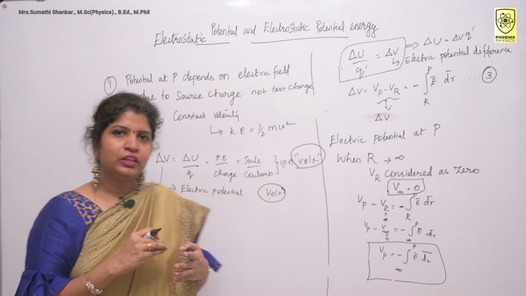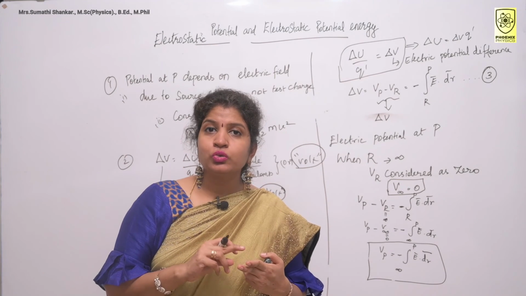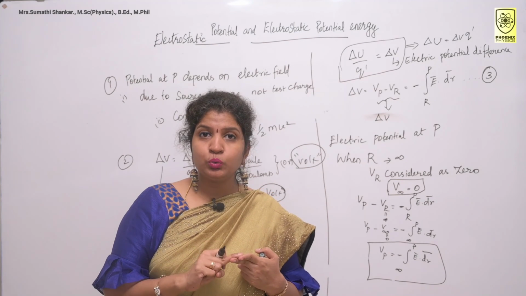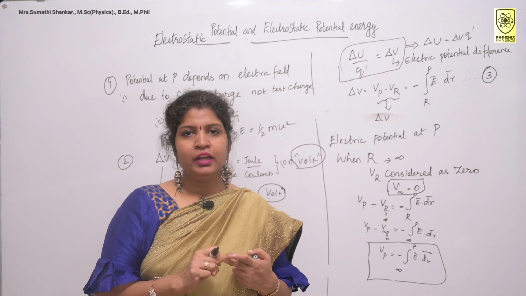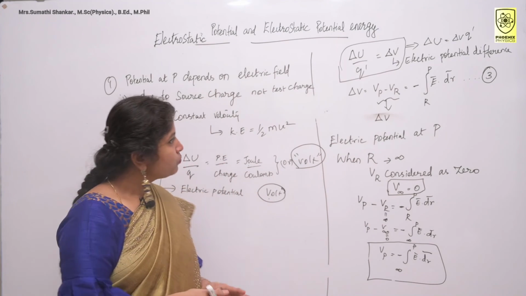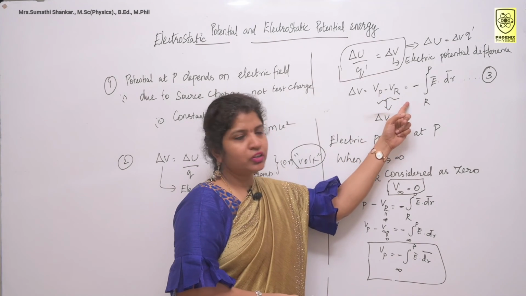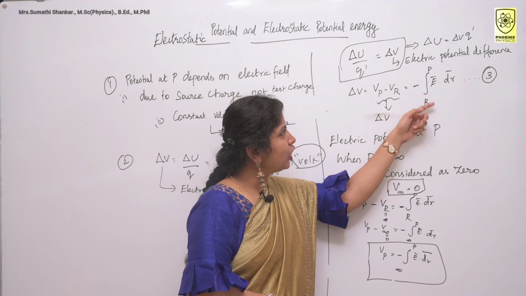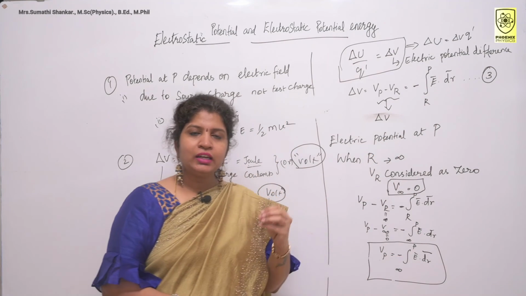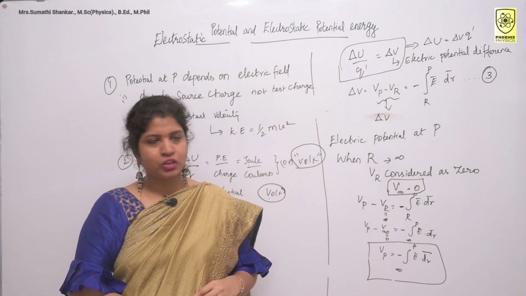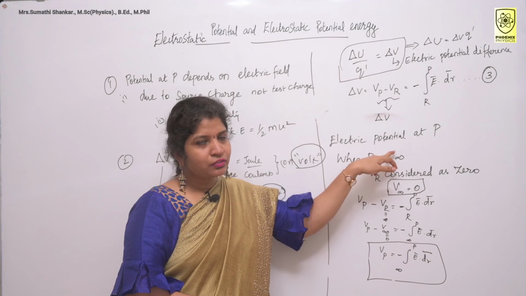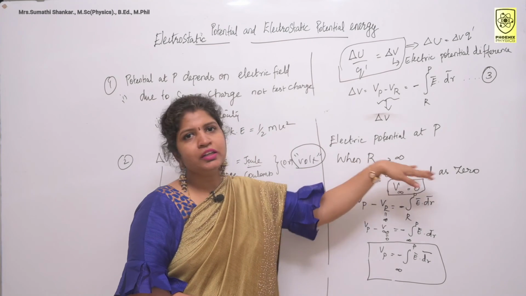In this class we discussed electrostatic potential between 2 points and derived one equation: Vp minus Vr is equal to minus integral R to P E dot dr. Then we discussed one special case, in which we considered R is at infinity.